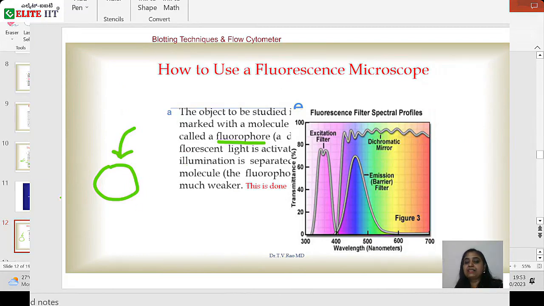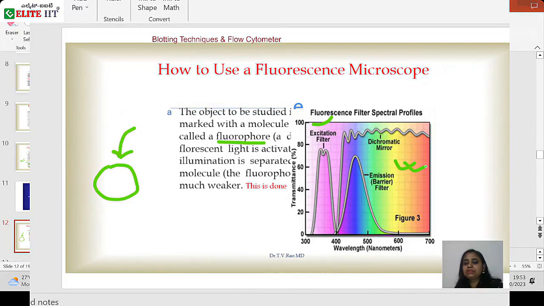You have to tag the sample with the fluorophore. Now the fluorescent light is activated and the illumination is separated. Now an excitation filter is given plus the emission light, and from the wavelength you can detect.